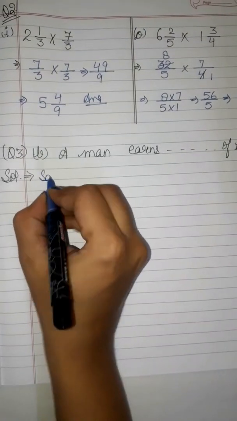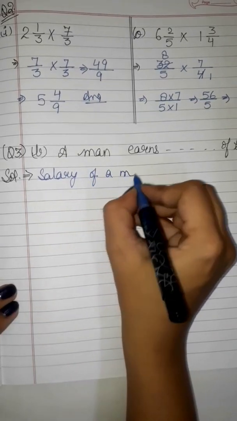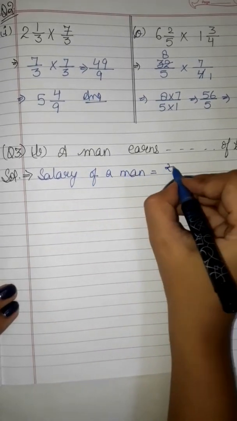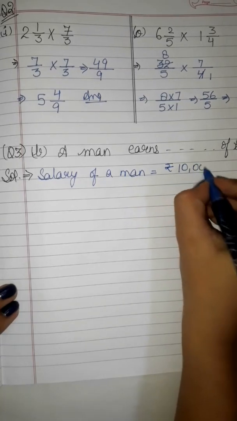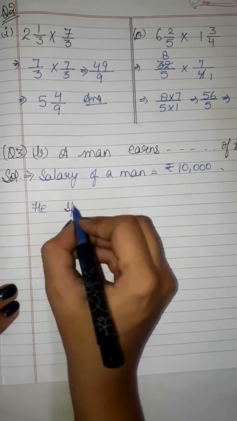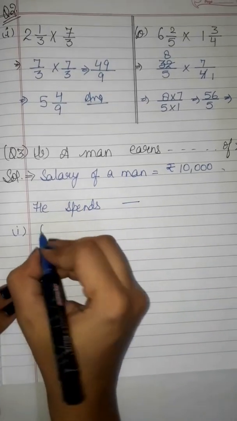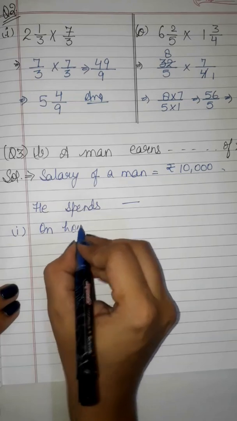First write the salary. Salary of a man is rupees 10,000. He spends. The first one is on house rent.